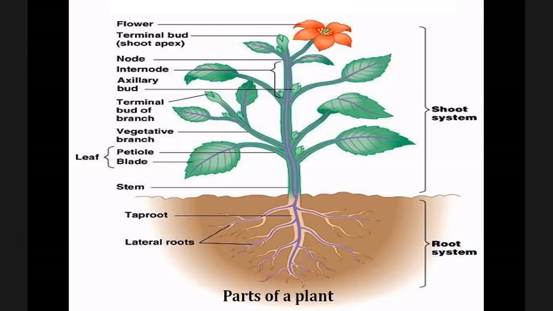At the leaf node part, these axillary buds are formed, at the junction of the stem and the petiole of the plant. But the terminal buds are formed in the apical region of the stem, that's why they are called terminal or apical buds. This axillary bud we also call a lateral bud.